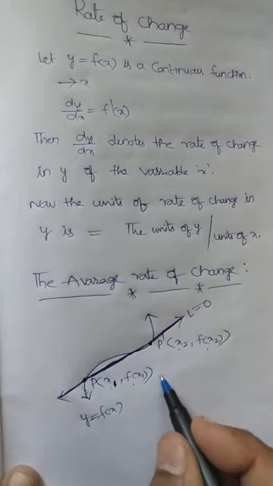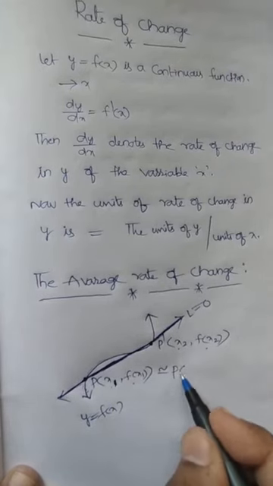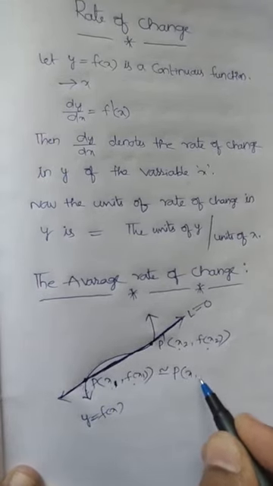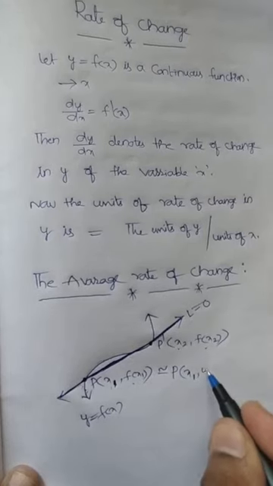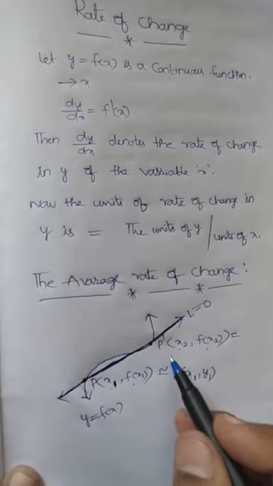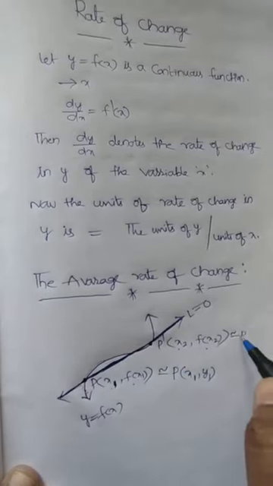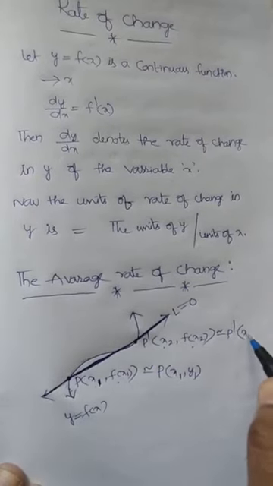So P is x1 comma f of x1, which is y1 according to our function. So the P dash point is x2 comma y2.